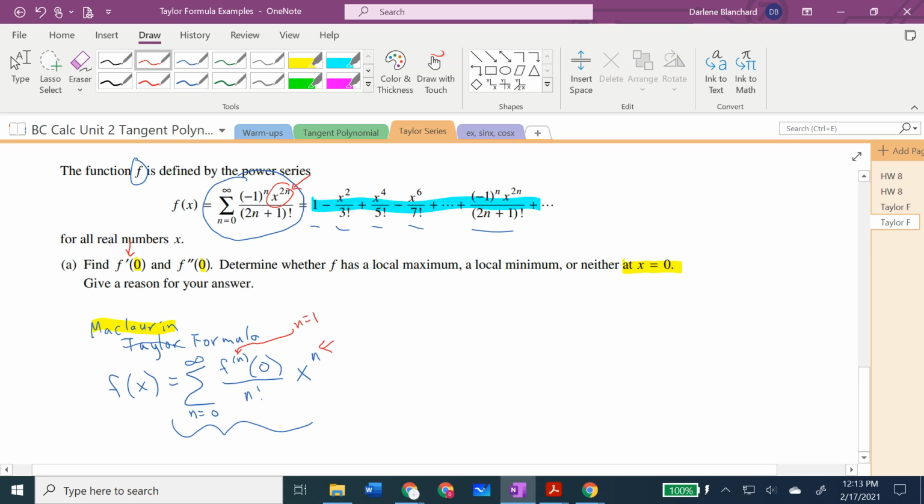And here is where you always want to look. If you want the first derivative, you're going to find it where x has exponent 1.